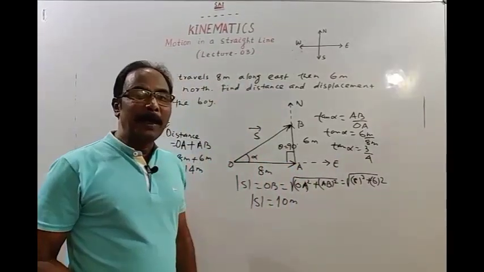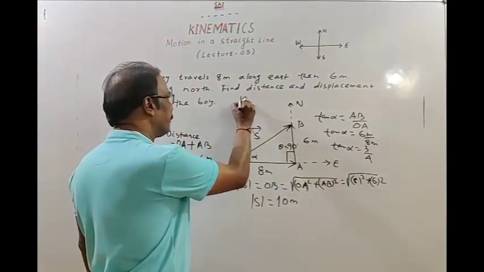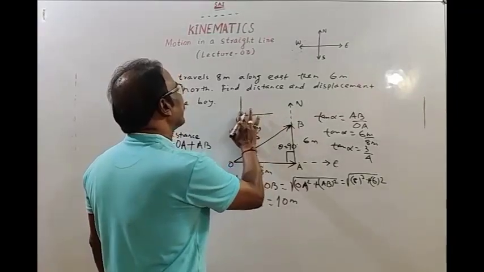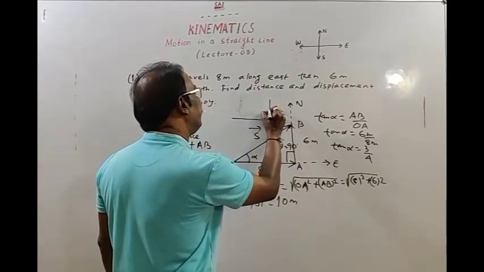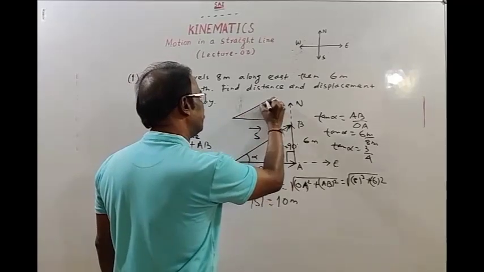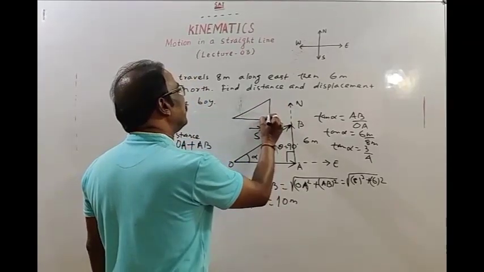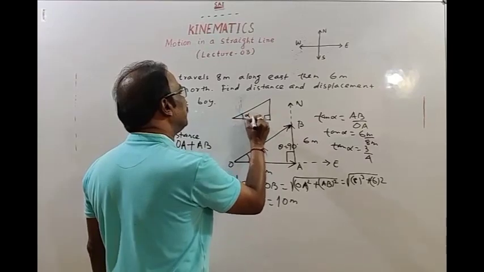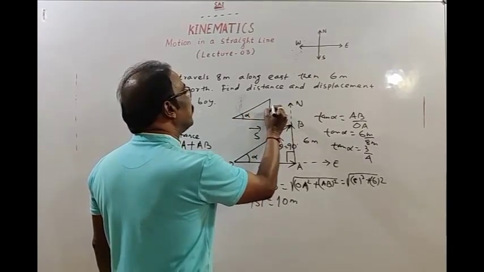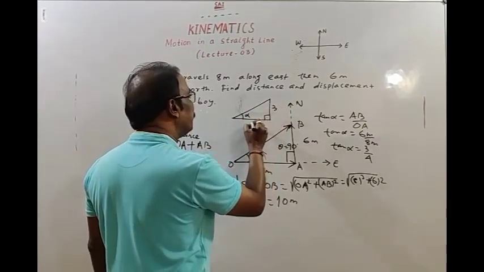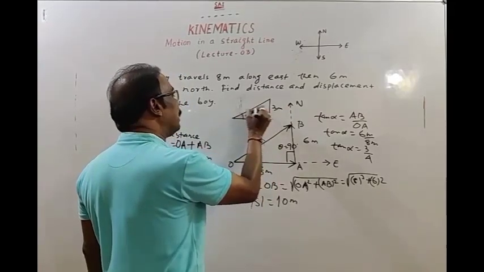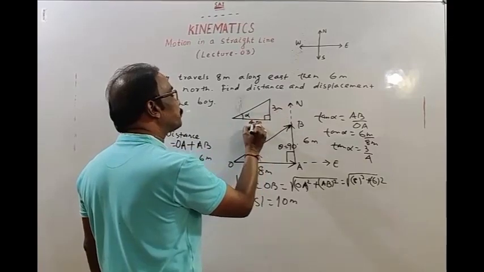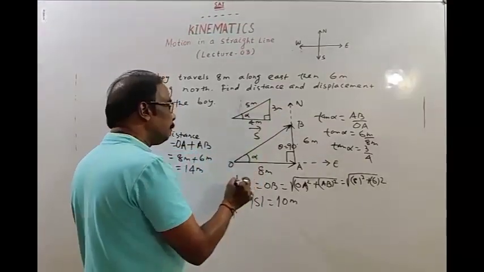If tan alpha is 3 divided by 4, then this is the right angle triangle. This angle is 90 degree, this angle is alpha, this is perpendicular 3 meter, base 4 meter, and this is hypotenuse. Obviously square root of 3 square plus 4 square is equal to 5 meter.